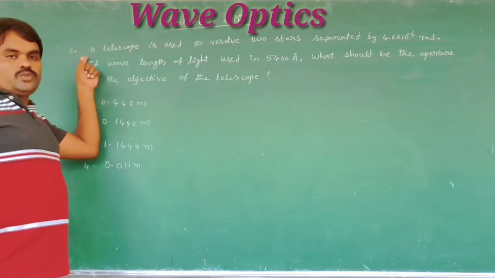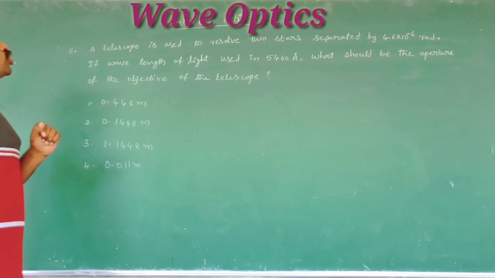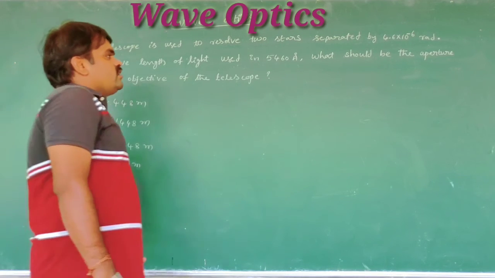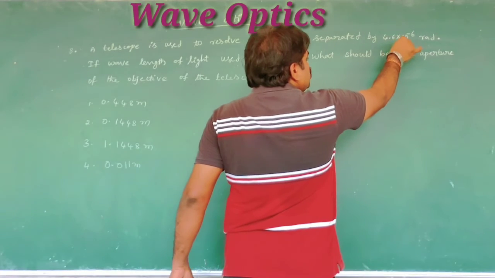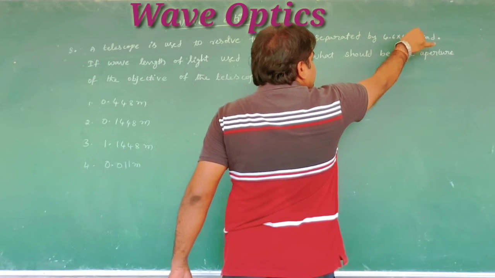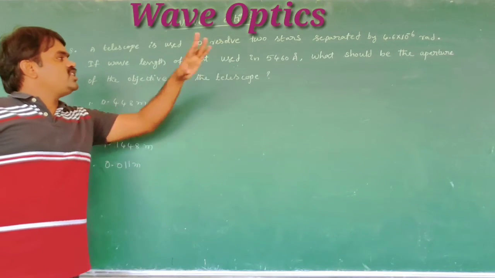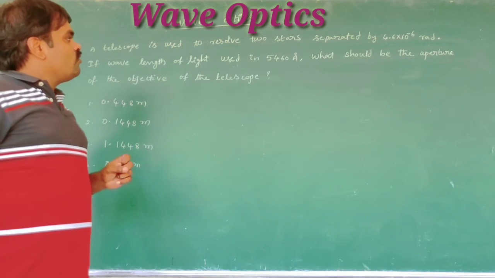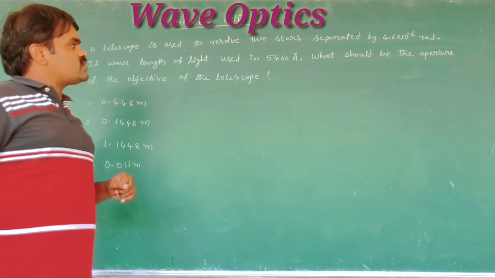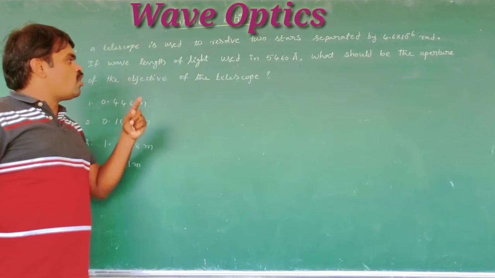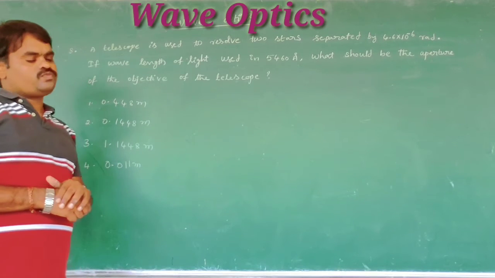Now, the eighth problem. A telescope is used to resolve two stars separated by 4.6 into 10 to the power of minus 6 radians. If the wavelength of light used is 5460 angstroms, what should be the aperture of the objective of the telescope?